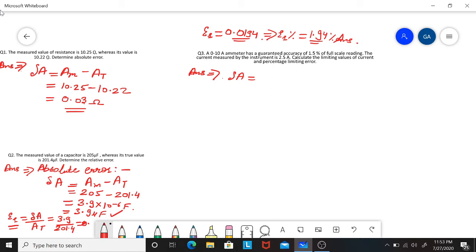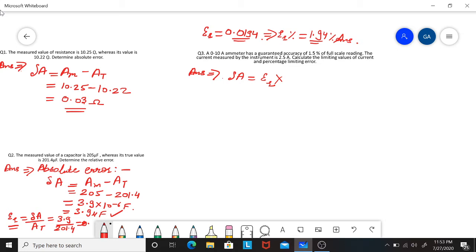Delta A is equal to epsilon r. Epsilon r is in percentage, so epsilon r by 100, into the specified range which is given to you, 0 to 10 ampere.